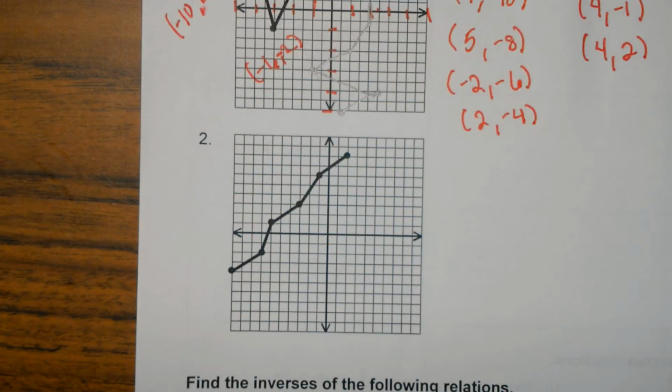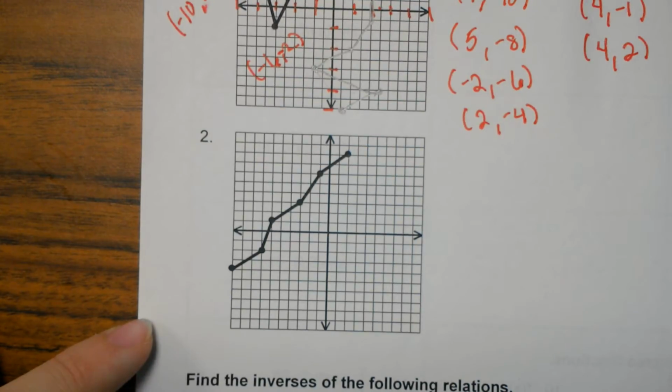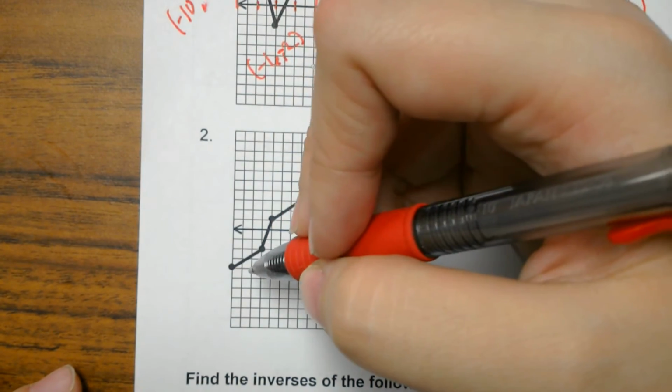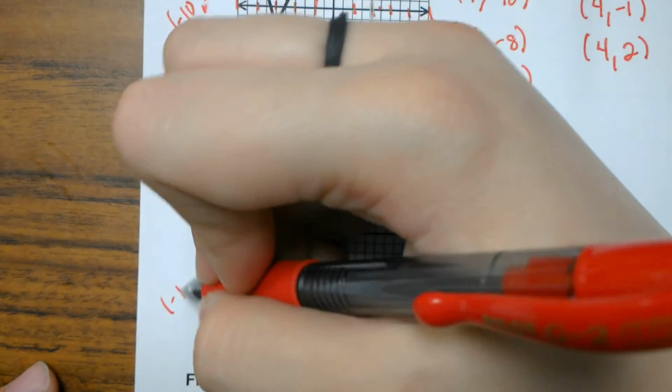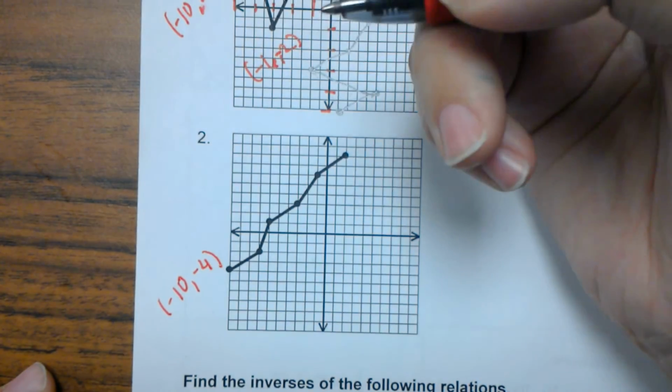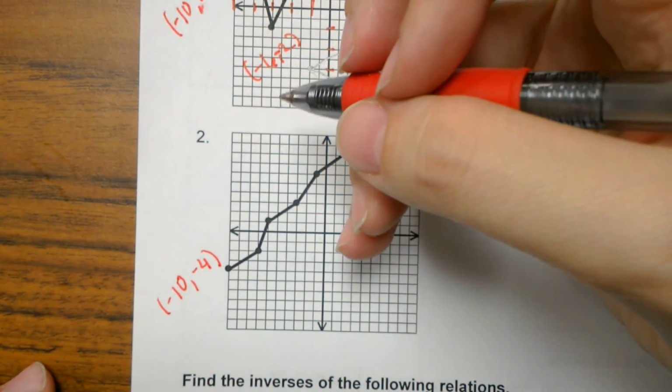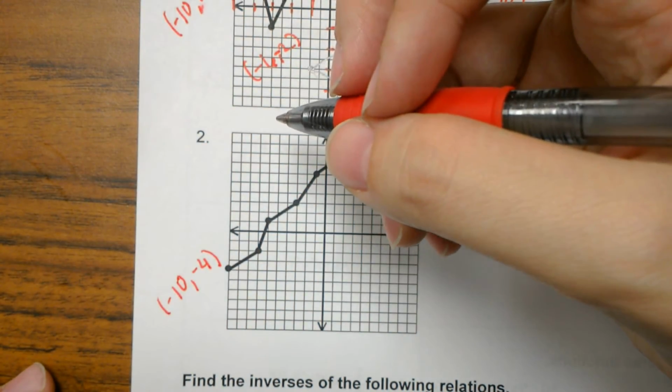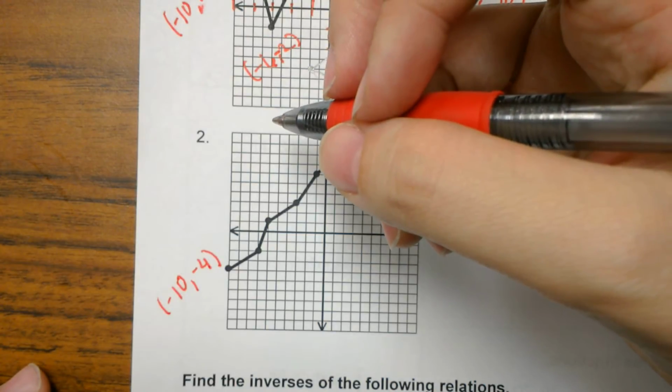So again, on this one, I need to identify these points so I can write my inverse points. So this first one's at negative 10, negative 4. The next one's at negative 7, negative 2.